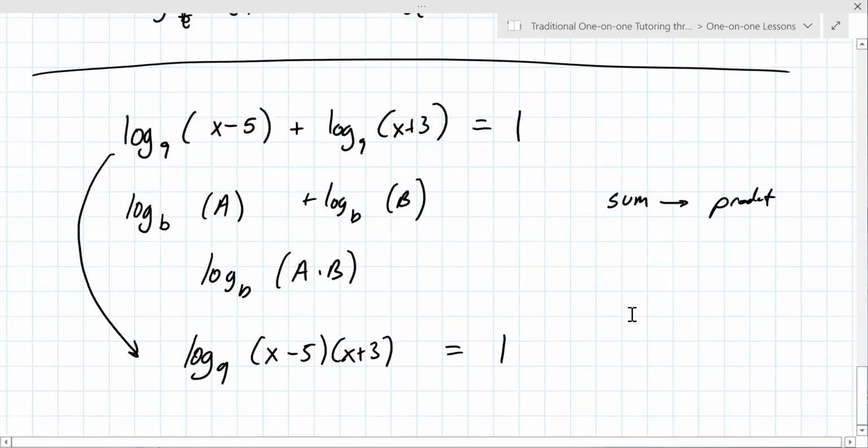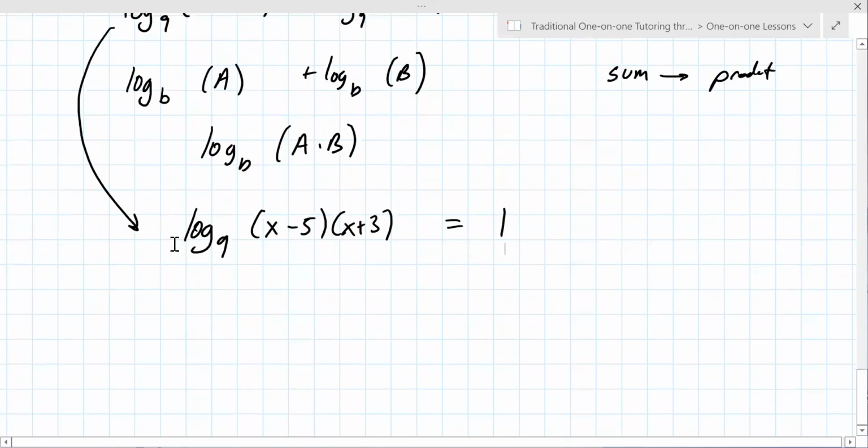Okay. Now you have to be comfortable undoing the log, using the 9: log base 9 of x minus 5 times x plus 3 equals 9 to the power of 1.